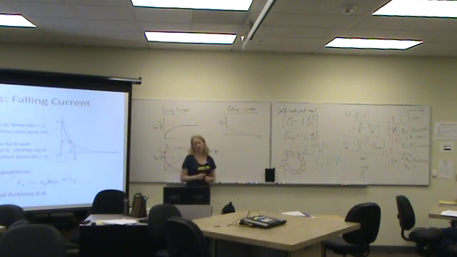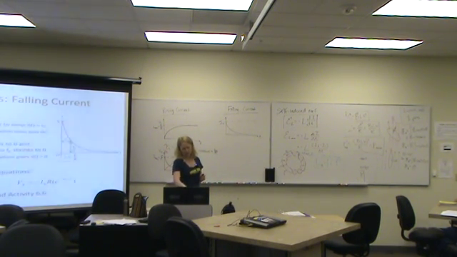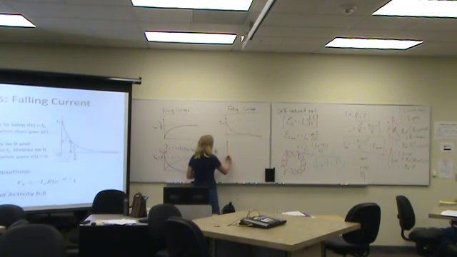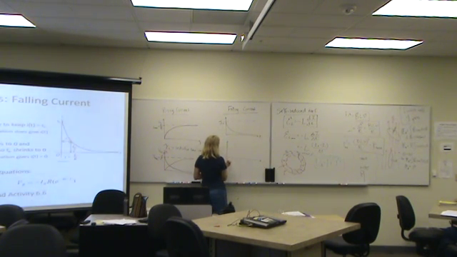I naught times R. Well, I guess the battery voltage was EMF over R. That's interesting. I guess what you could get at the very beginning is that the sum of the two voltages, oh no, the sum of the two would always be 0, which makes sense because it's not connected to a battery.